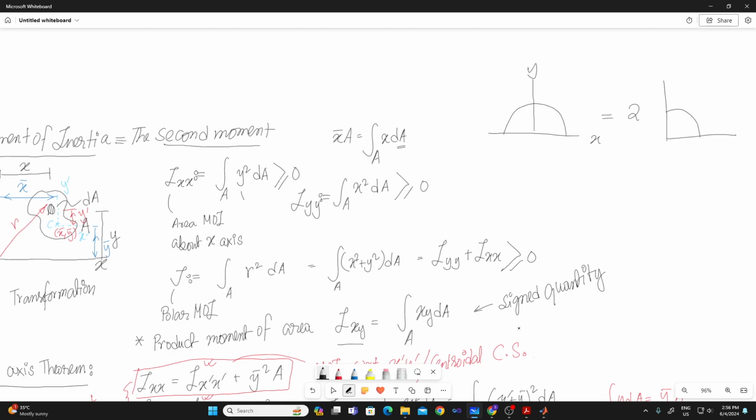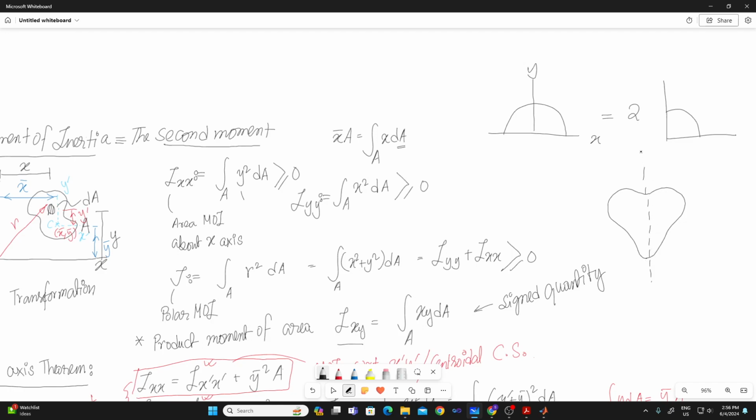Particularly if you have a geometry, not this type of geometry, but let's say a geometry which is symmetric about one of the axes.